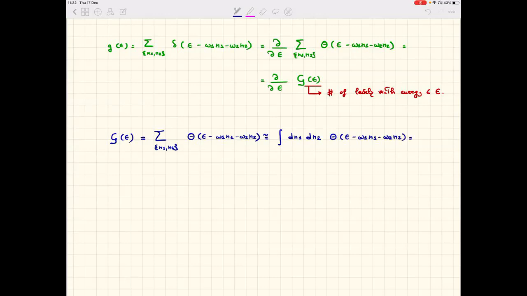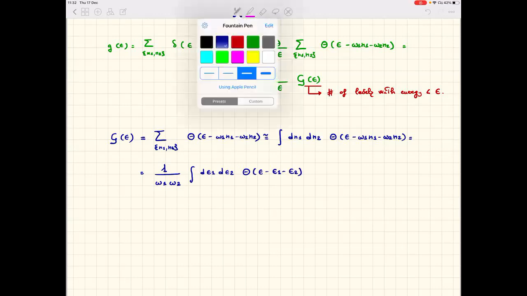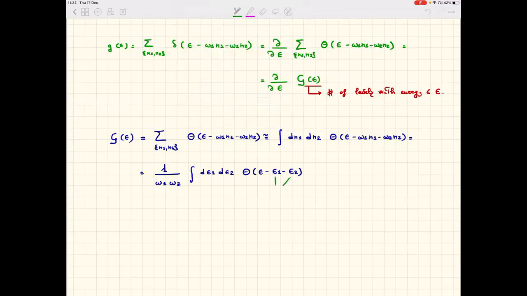And then this is equal to 1 over omega 1 times omega 2 integral d epsilon 1 d epsilon 2 of theta of epsilon minus epsilon 1 minus epsilon 2, where epsilon i is omega i n i, where i is equal to 1 or 2.